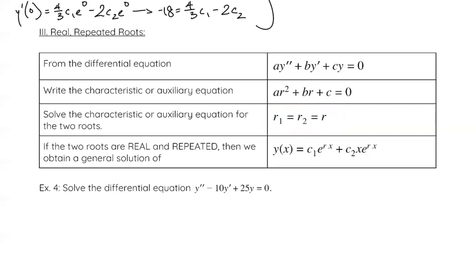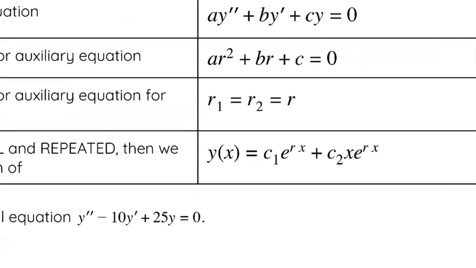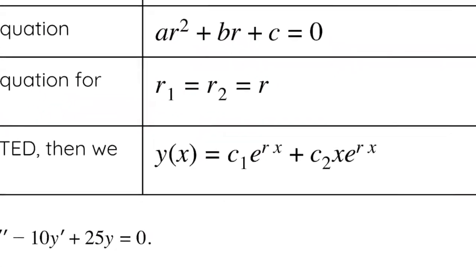It turns out that if you have a second order homogeneous differential equation with constant coefficients, you can write your characteristic equation. You solve it, you get a repeated root. The general solution looks a little bit different, okay? It's so sneaky. I'm gonna highlight this in yellow so we don't miss the sneaky part.